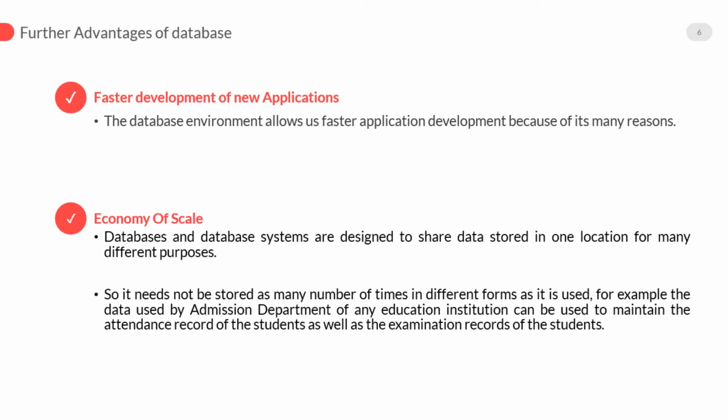For example, the data used by the admission department of any educational institution can be used to maintain the attendance record of the students as well as the examination records of the students. So it saves us lots of effort and finance, providing economy of scale.